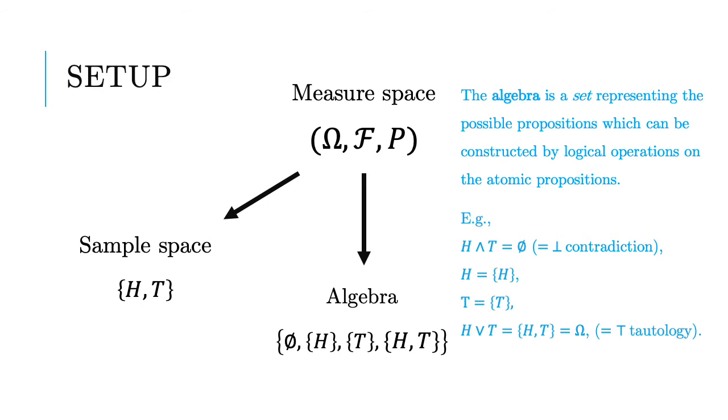The null event, that nothing occurred, the set containing H, which corresponds to the event that H occurred, the set containing T, which corresponds to the event or proposition that the coin came up tails, and the set containing H and T, which corresponds to the tautology that either heads or tails occurred, and its corresponding event, which is just, you might notice, the sample space.